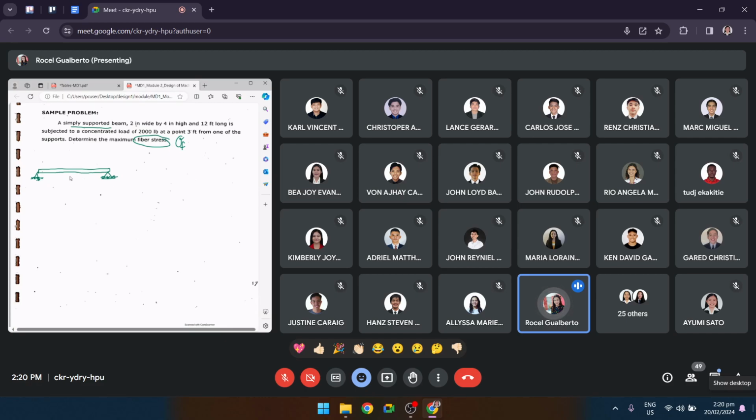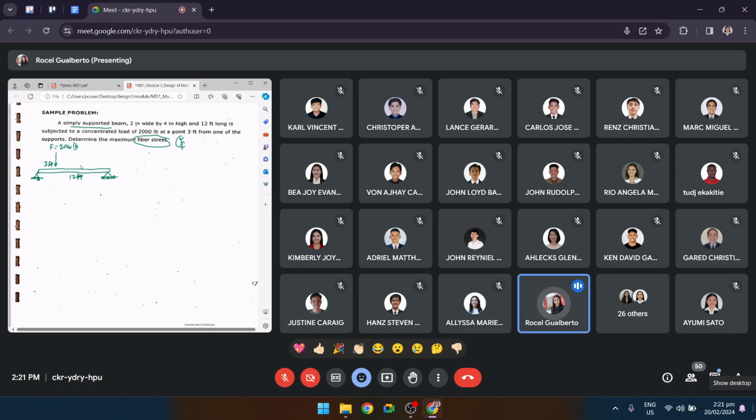The beam has a total length of 12 feet, sorry, this is 12 feet pala. This is the force, which is equal to 2,000 pounds, located 3 feet from the support. If this is 3 feet, this is 12.